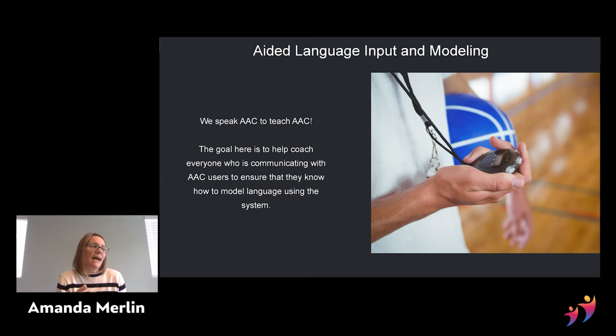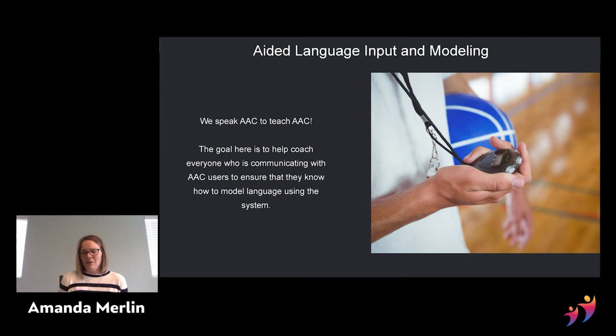But you want to attach a feeling to that. So you're going to model hungry. Oh, I feel hungry. I want goldfish crackers. We know that little Johnny knows he wants goldfish crackers. Does he know why? So let's attach that feeling to it. You feel hungry. You want goldfish crackers. So you're modeling hungry.